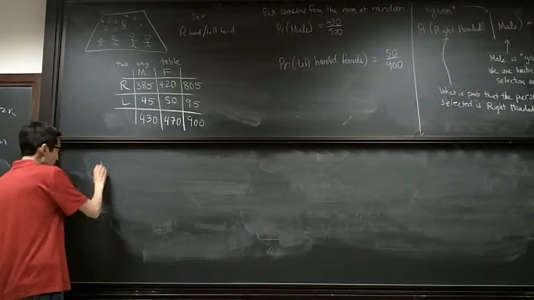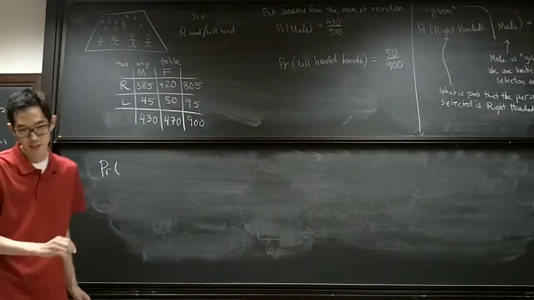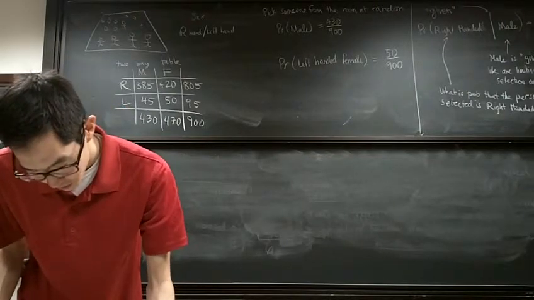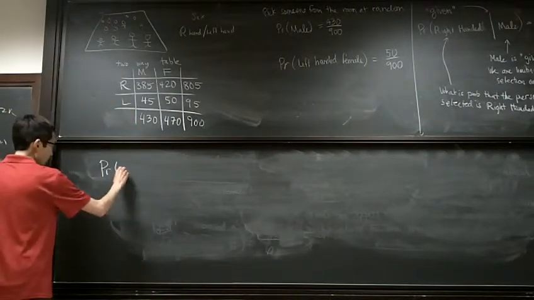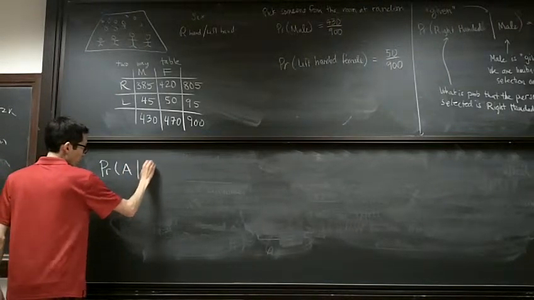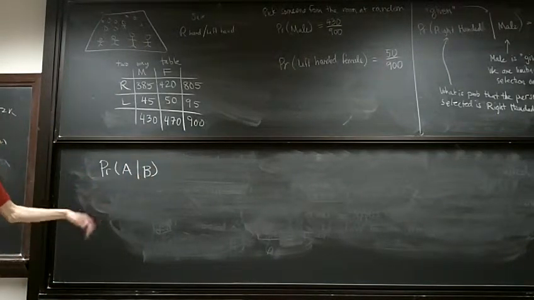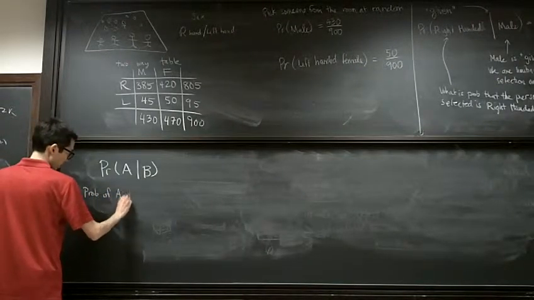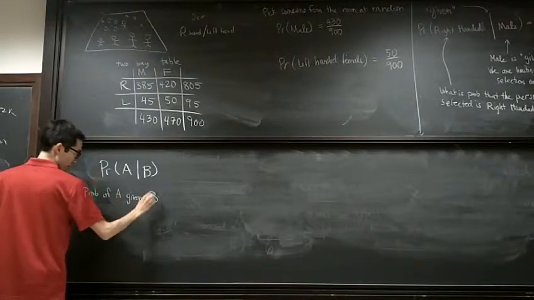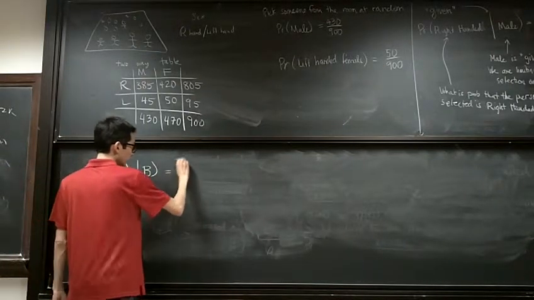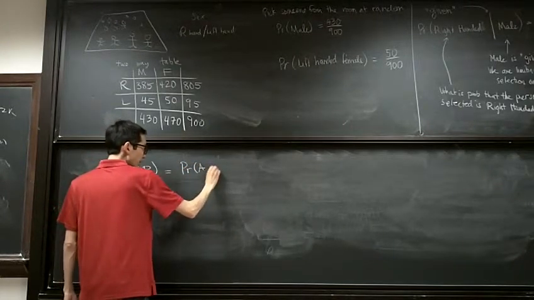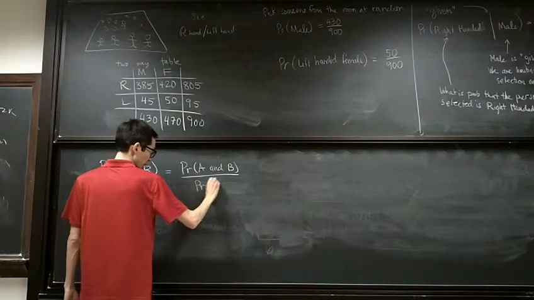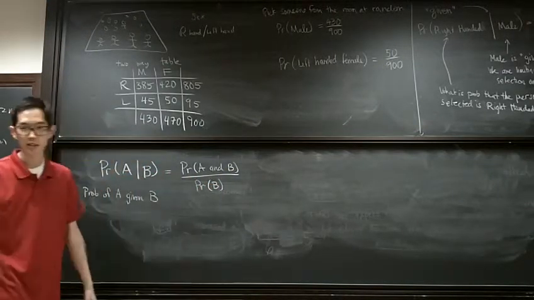So the generalized form is, and I just want to make sure I'm matching the same notation as the book. The probability of A given B is equal to the probability of A and B divided by the probability of B.